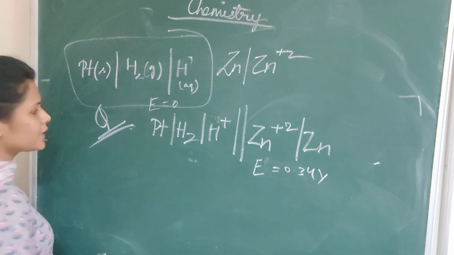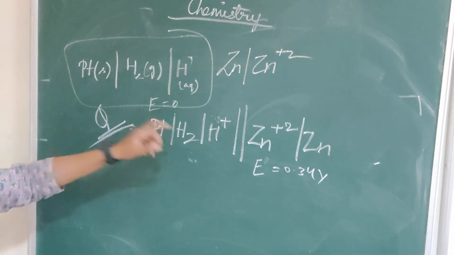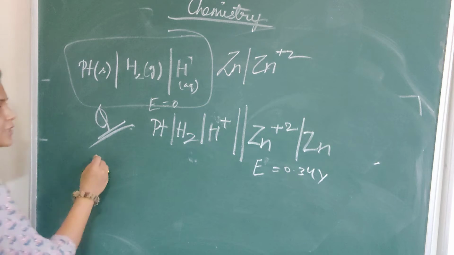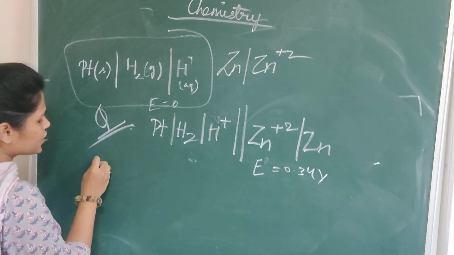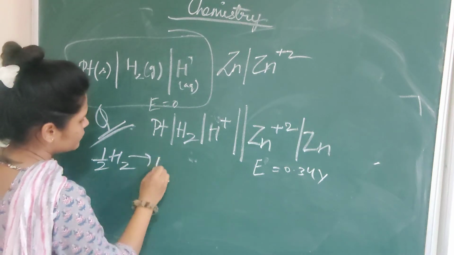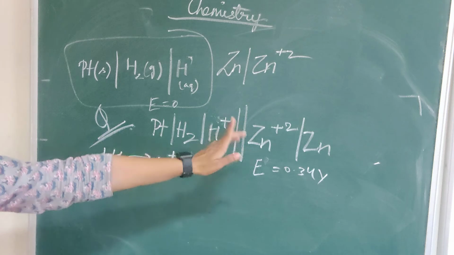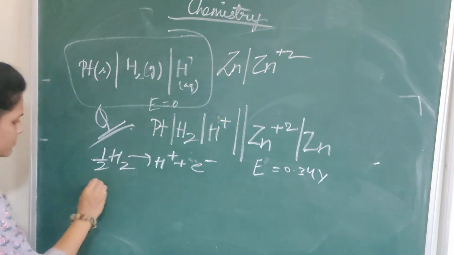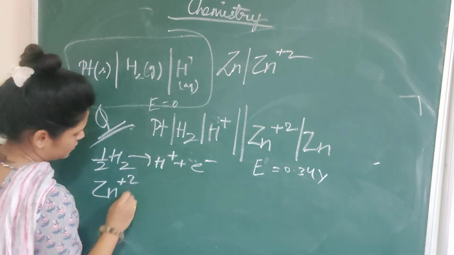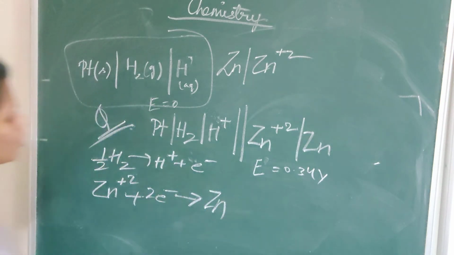So how are we going to write the reaction? First we have to see, अगर ये left पे लिखा है तो that means इसका oxidation हो रहा होगा. Left पे oxidation आता है ना, anode आता है, तो oxidation की reaction लिख दे. Now it is on right, that means cathode and reduction. Okay, now we have written both the reactions. यही मैंने कहा था लिखने को.